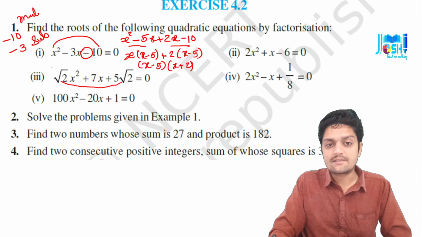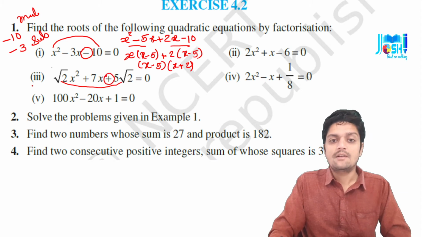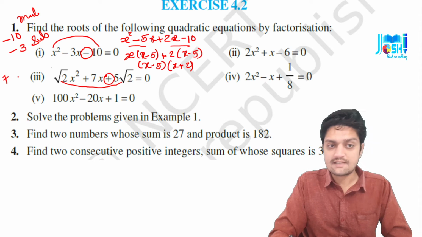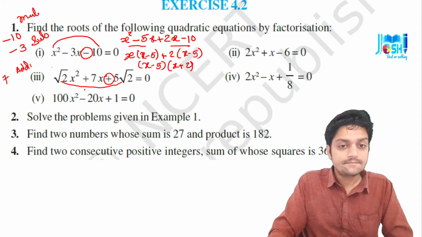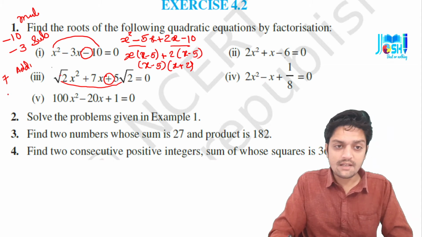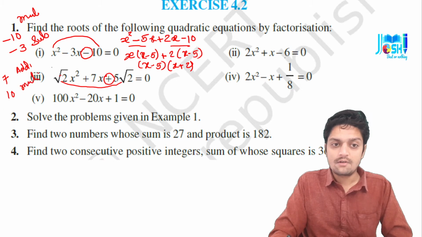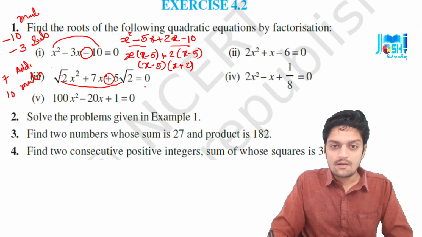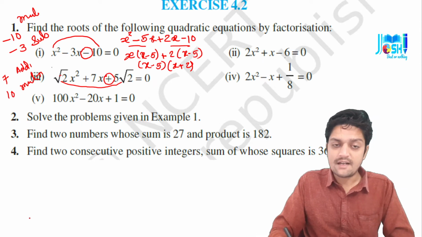You have to factorize 10 so that by addition I get 7 and by multiplication I get 10. The first term, as I said, you write as it is.